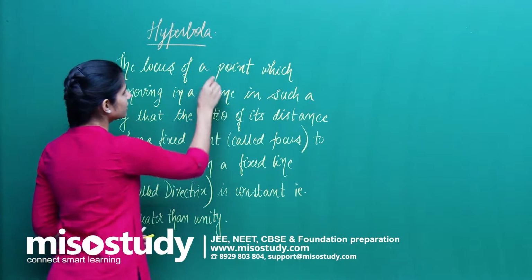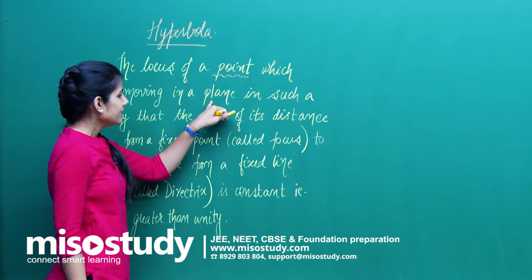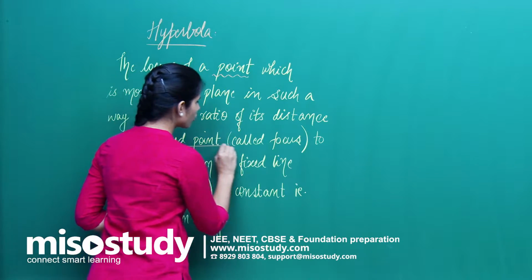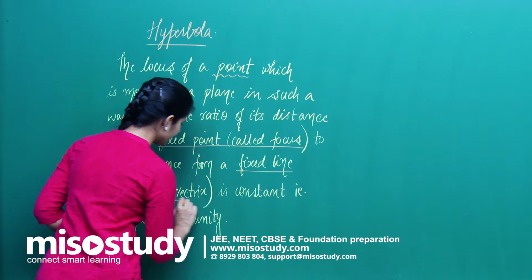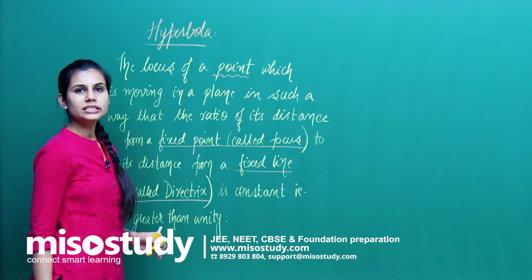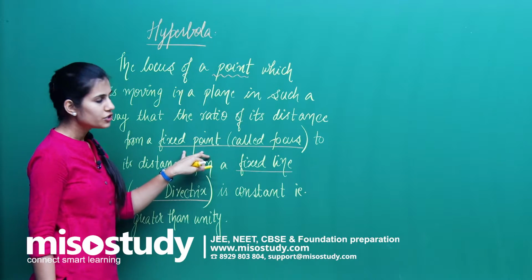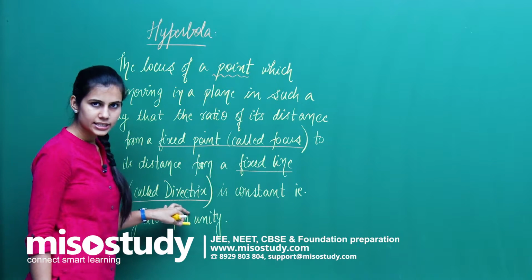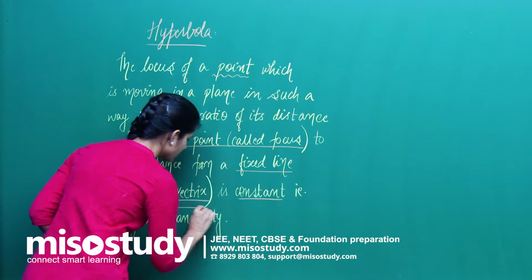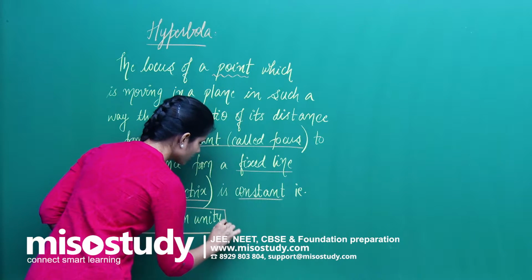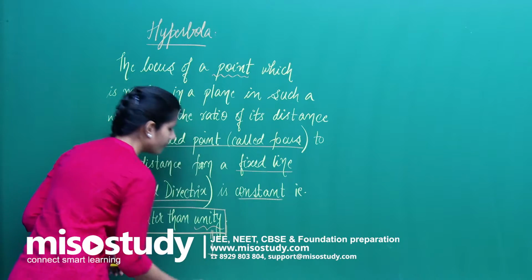So when a point is moving such that there is a fixed point in the picture called focus, and a fixed line called the directrix, and the ratio of its distance from this focus to its distance from this directrix is always constant, this is important, the constant has to be greater than 1.